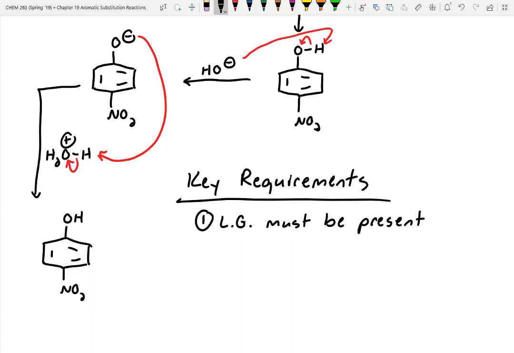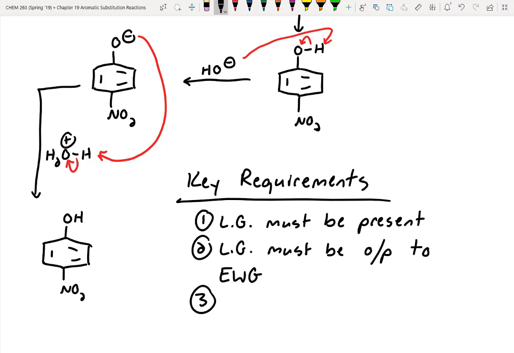Must be present. Number 2 is that leaving group must be ortho or para to an electron withdrawing group. And then number 3 is that your electron withdrawing group must be very strong.